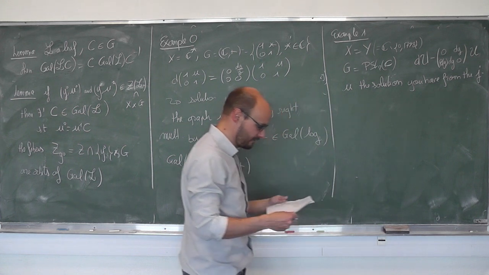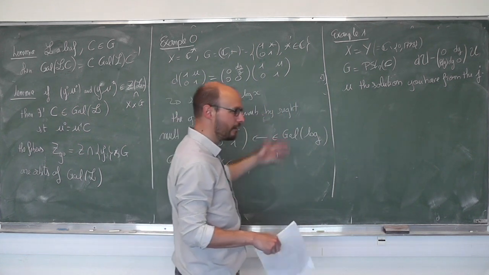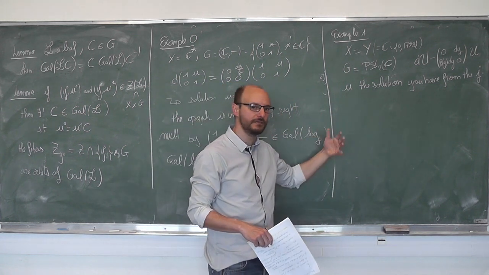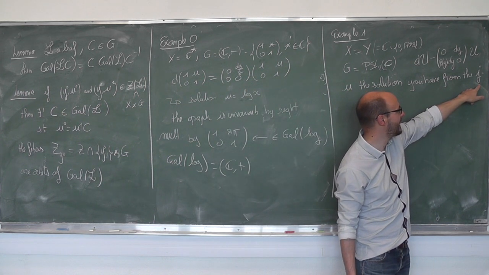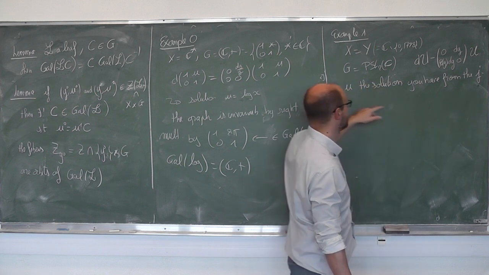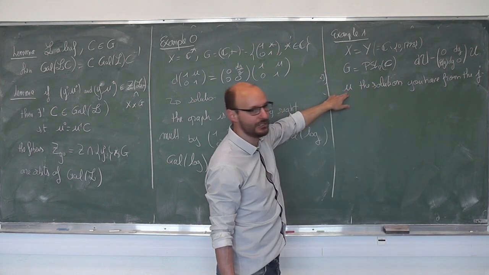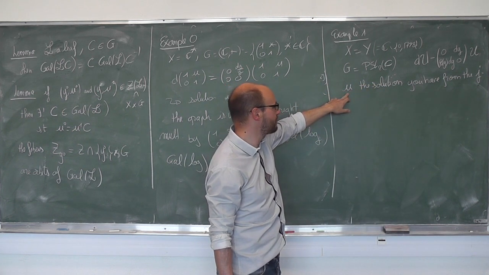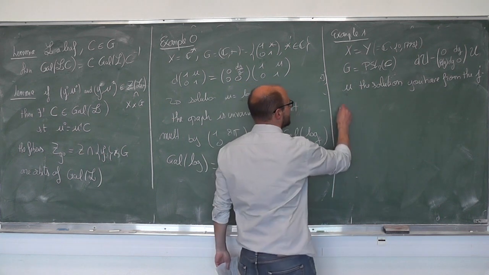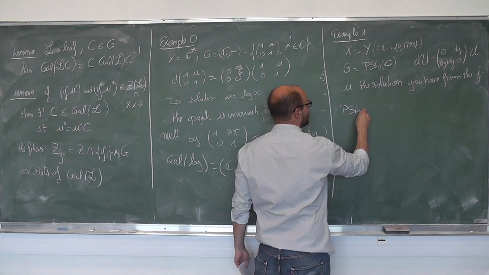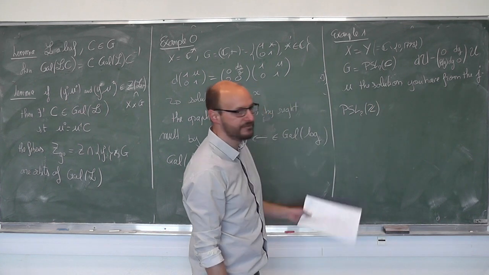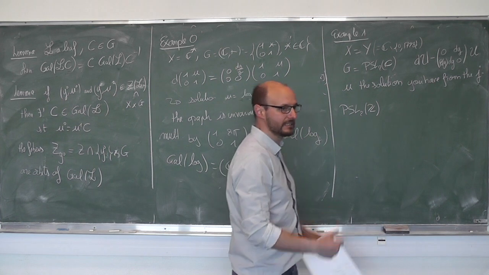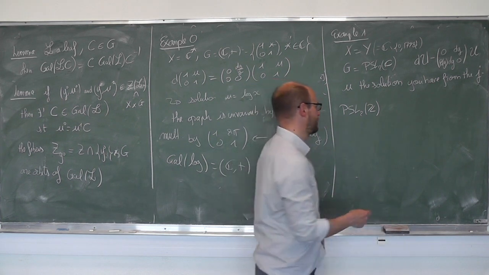So there is a graph coming from here. And now, because these identifications are compatible with the group action, each time you have a homography that leaves J invariant, it will be leaving the graph of U invariant. So PSL2 of Z leaves the graph of J invariant. In fact, it leaves J invariant, so its graph.